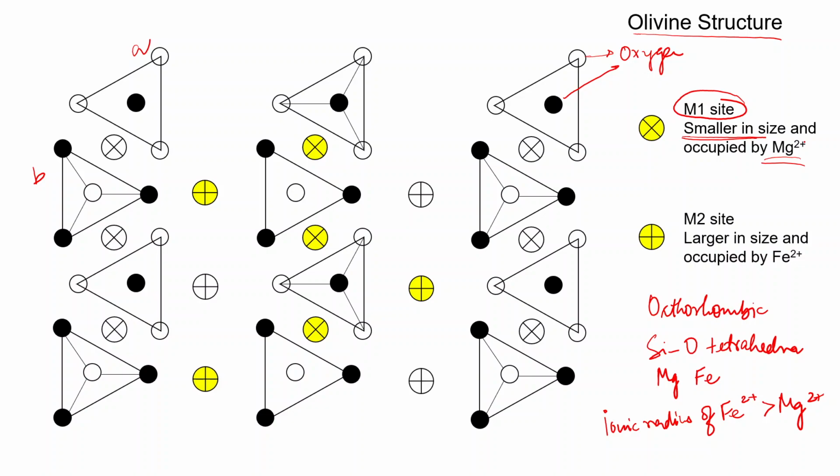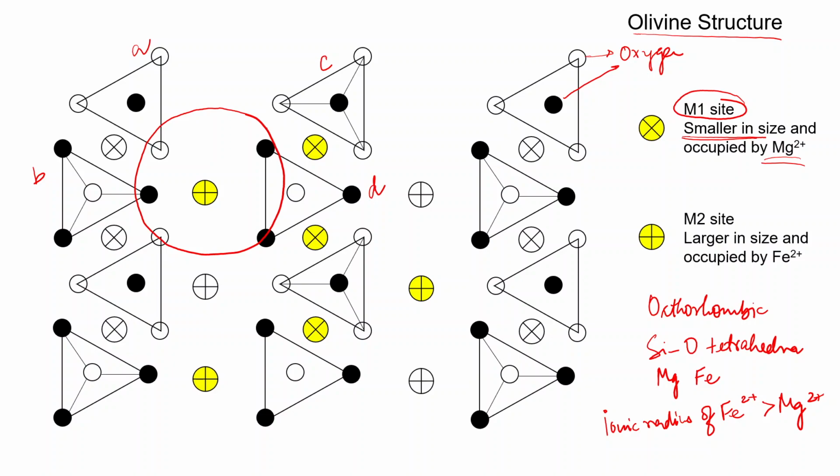Now, look at the second column, in which we have, let us call them, tetrahedron C and tetrahedron D. Here they are arranged in such a way that the base of tetrahedron A is facing the tip of tetrahedron C. Similarly, the tip of tetrahedron B is facing the base of tetrahedron D, which means that this space which is available is a larger space, meaning it has the ability to house larger ions, that is Fe2+.